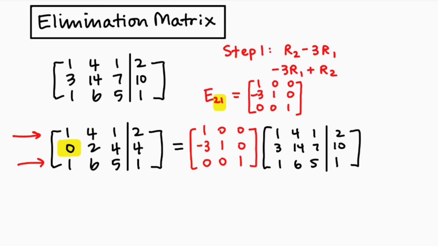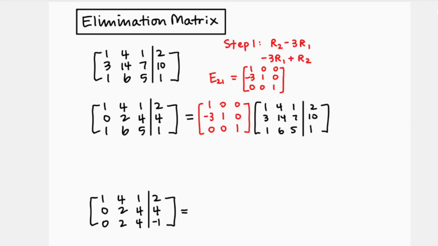Okay, now I need to think about step 2. What am I going to do next? I'm going to want to clear out that entry down here. I want to get rid of that entry in the third row and first column. So if I subtract 1 copy of row 1 from row 3, that will clear out the entry in the bottom left.